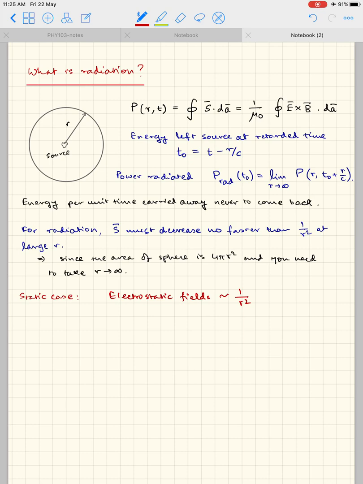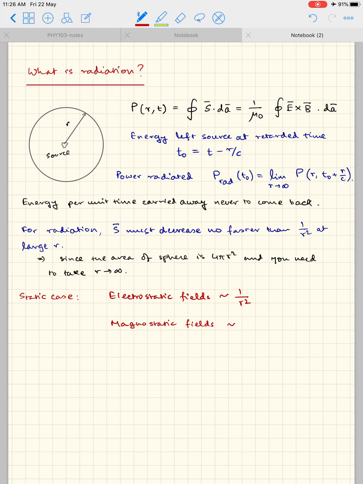And Biot-Savart's law tells us that the magnetostatic fields also fall off as 1 over r squared, or faster again.